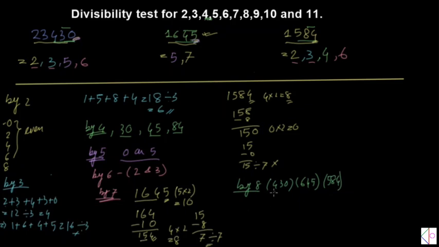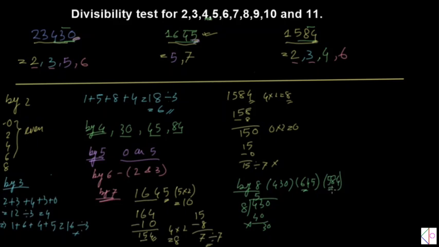Now we have to find out whether those numbers are exactly divisible by 8 or not. In the first case, it is not. 5 times 8 is 40, remaining 30. 30 is not exactly divisible by 8. So the whole number is not divisible by 8. In our second case, since 5 is an odd number, it is not divisible by 8, so we don't try it again.